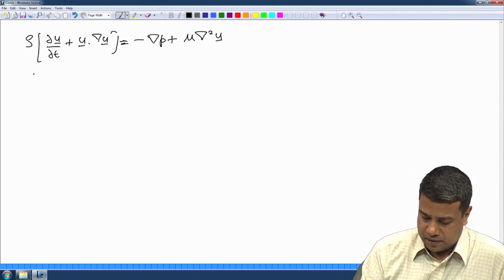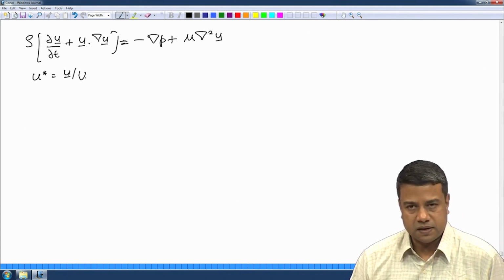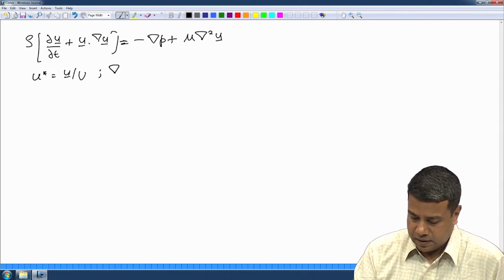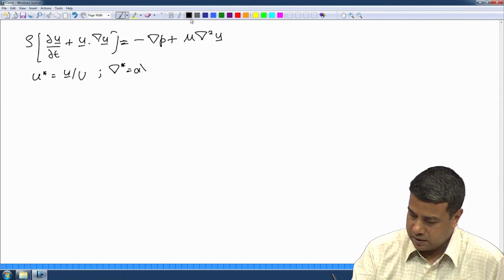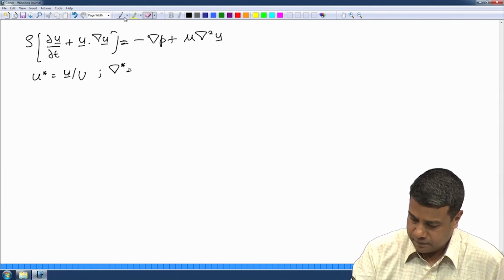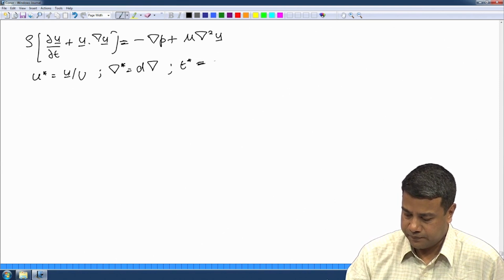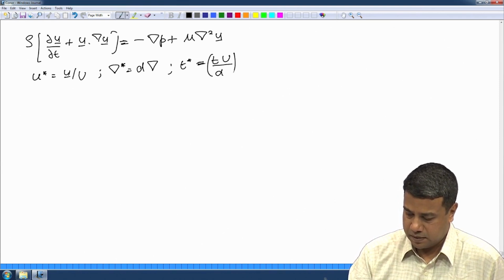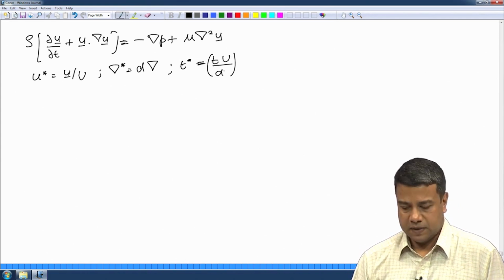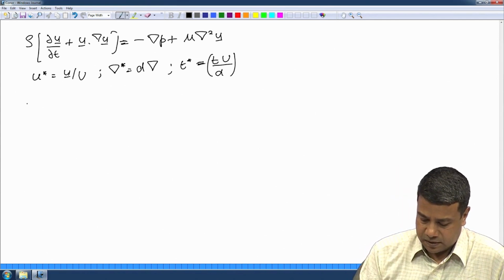If I define u star equal to u by the characteristic velocity, grad star equal to d times grad, and t star equal to t u by d, what I would get on the left side is rho u square by d.